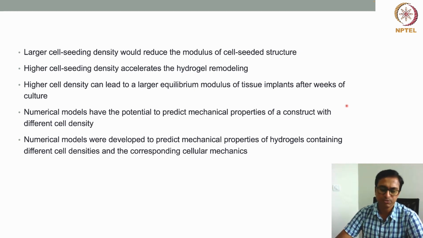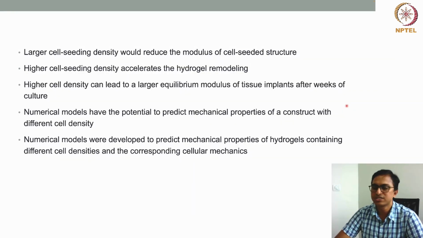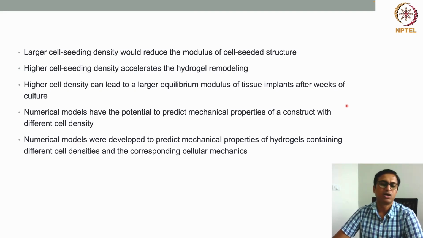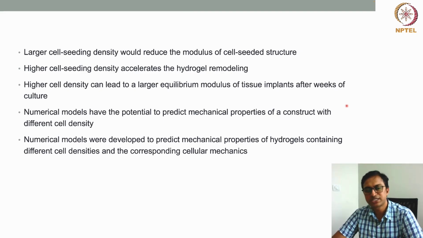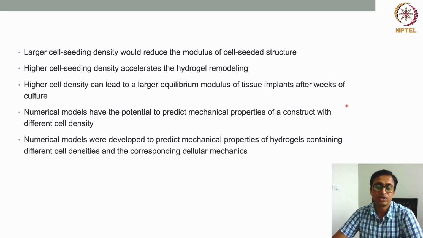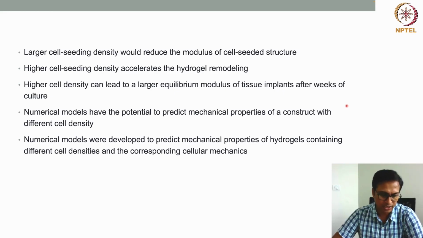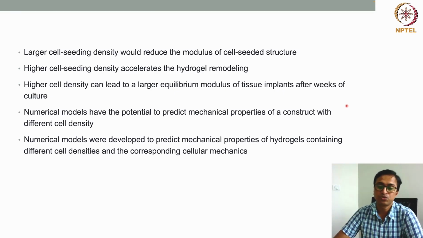With these, one can easily study the effect of cell concentration on the printability and the final modulus of the structures, and also what will happen over time. So these are all very, very powerful tools to study the cell-material interaction, and also the final outcome of this whole study.